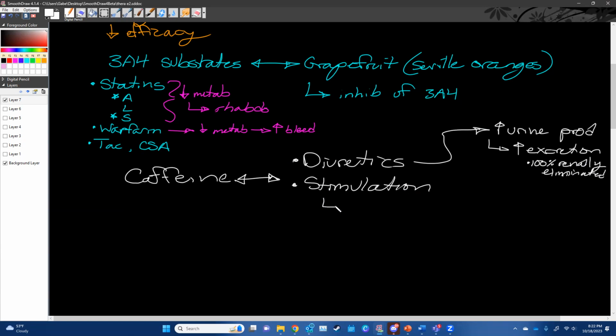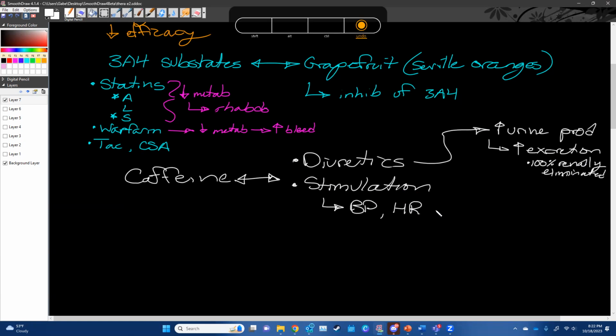In terms of stimulation, really what this is all about is blood pressure and heart rate. Heart rate meaning it could lead to an arrhythmia, could be tachycardia. And by the way, this is the reason why it's bad in pregnancy.